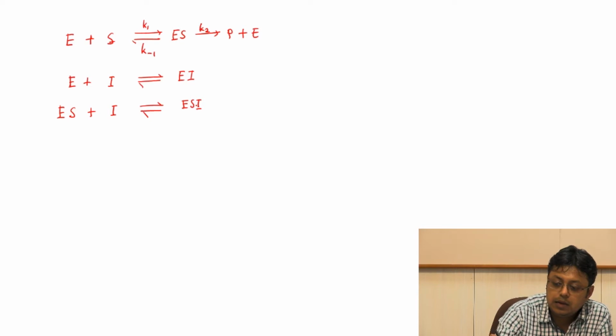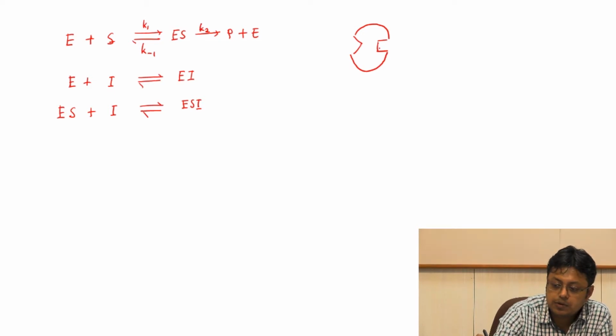Now what does it mean actually? So here the enzyme can also have multiple binding sites, and suppose the shape of the enzyme pockets where the substrate or the inhibitor can bind is something like this.